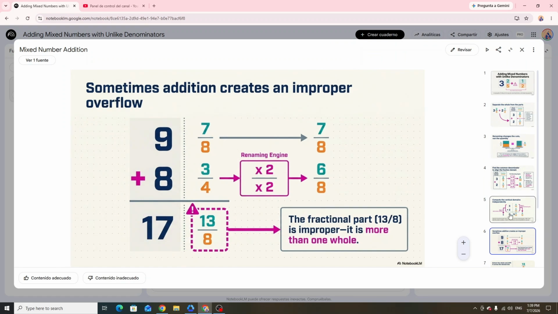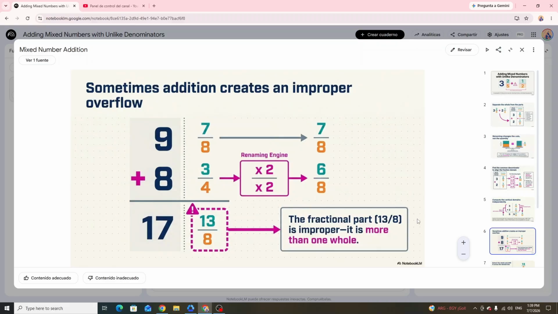So let's see now another example. We have 9 and 7/8, and then we have 8 and 3/4, right? So we need to find the least common multiple. If you list all the multiples of 8 and the multiples of 4, you will notice that the number 8 is going to be the first common multiple. So number 8 itself is the least common multiple of 8 and 4, okay?